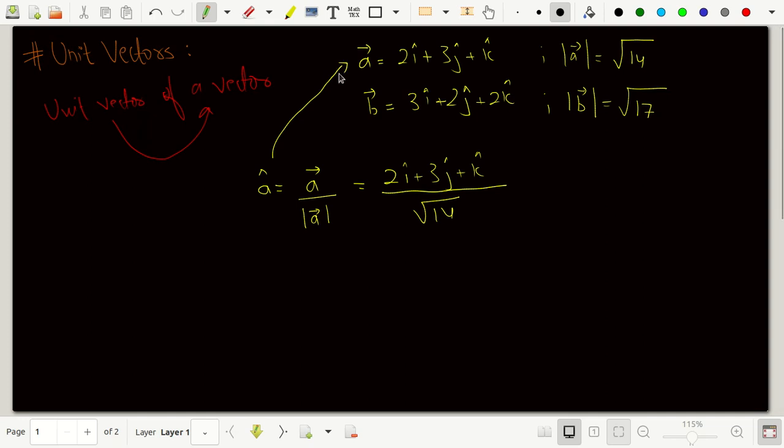So this is the unit vector of vector a. As I told, a unit vector is of a vector. Now if you see, this a cap or a hat is itself a vector, and I have got a special expression, which looks a bit strange: 2i plus 3j plus k over the square root of 14.